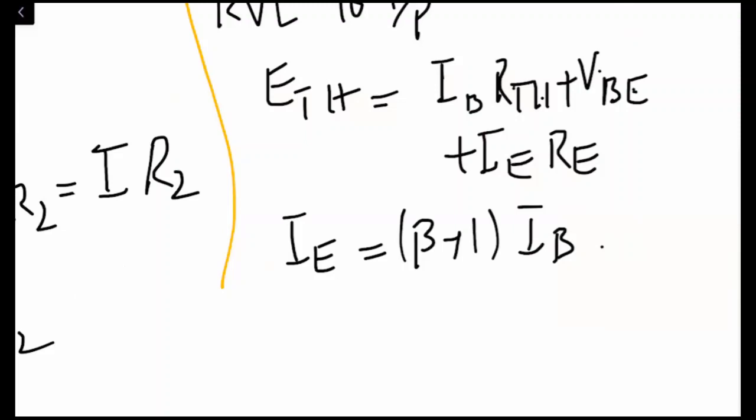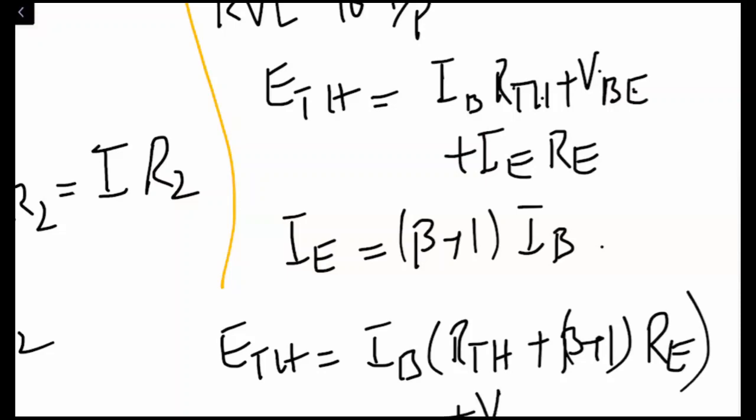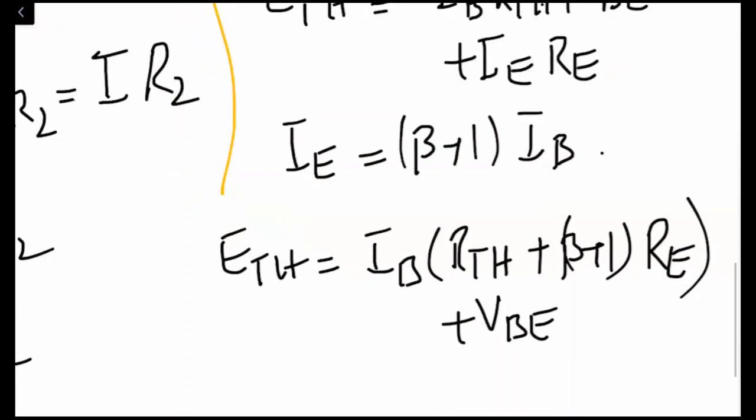So what we are going to get, ETH is equal to IB into RTH plus beta plus 1 times RE plus VBE. Are you with me? Right?